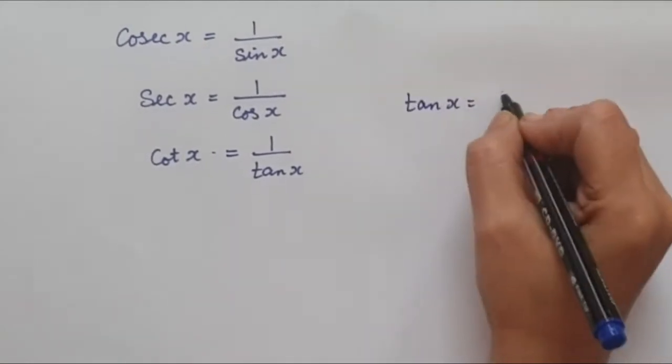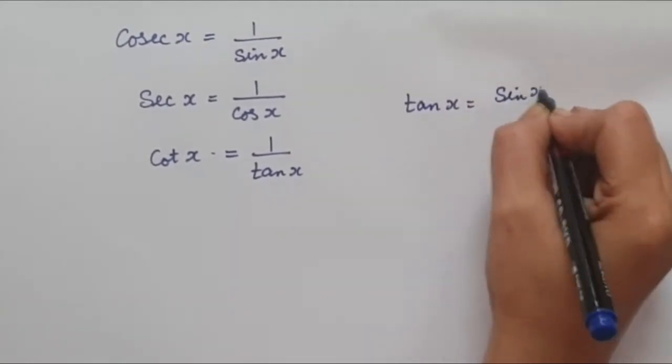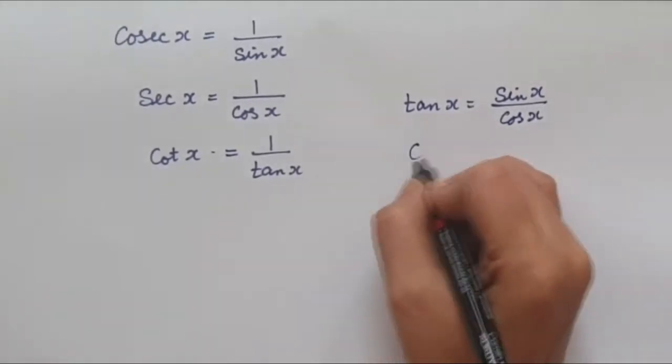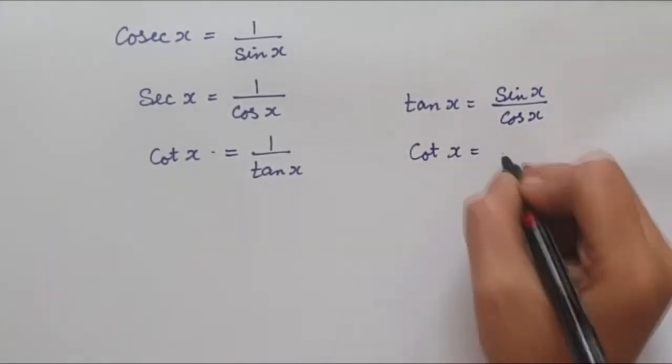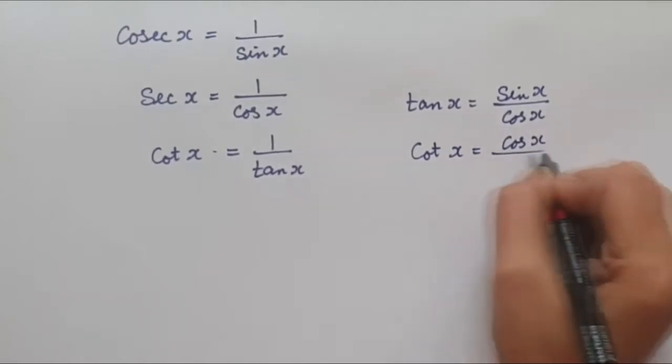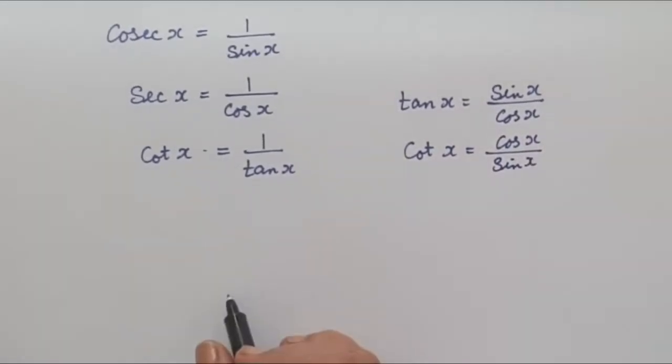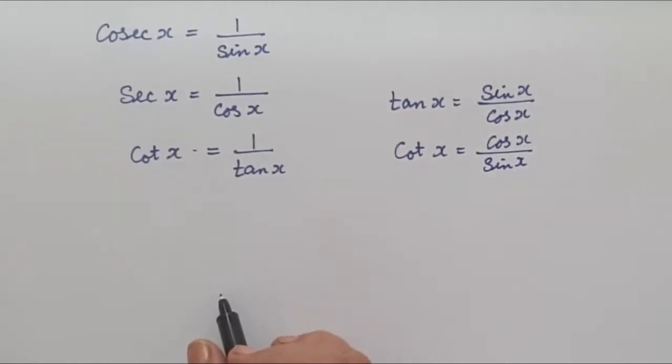And tan x will be equal to sin x over cos x. So automatically cot x will be equal to cos x over sin x. Now let us see how to draw the graphs for cosecant x, secant x and cot x.